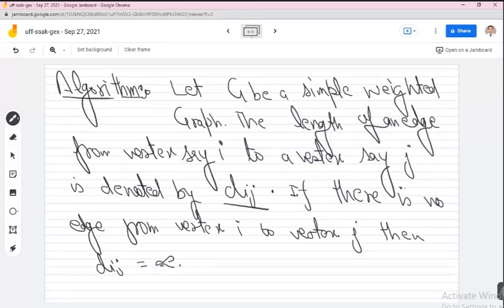We will take infinite if there is no edge between I and J. If there is an edge, it is Dij; otherwise we will write the length between I and J as infinite.